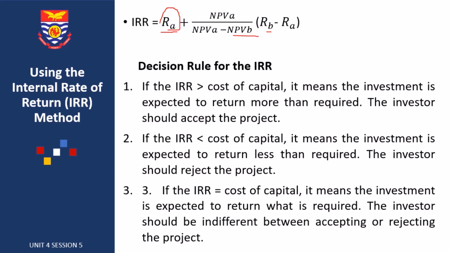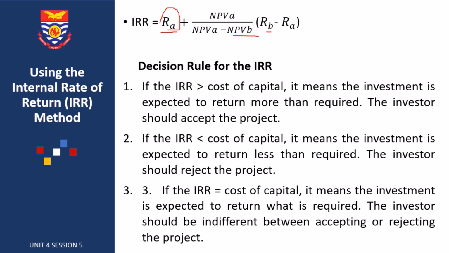What is the decision rule for the internal rate of return? One, if the internal rate of return is greater than the cost of capital, it means the investment is expected to return more than the required, and therefore the investor should accept the project. We also have a situation whereby the internal rate of return is less than the cost of capital.